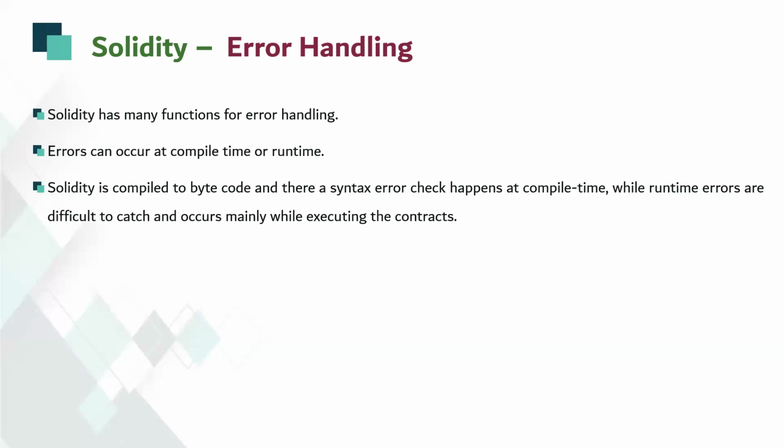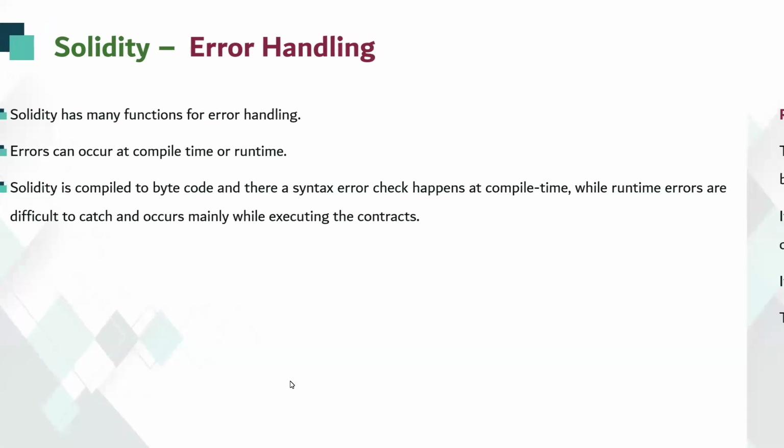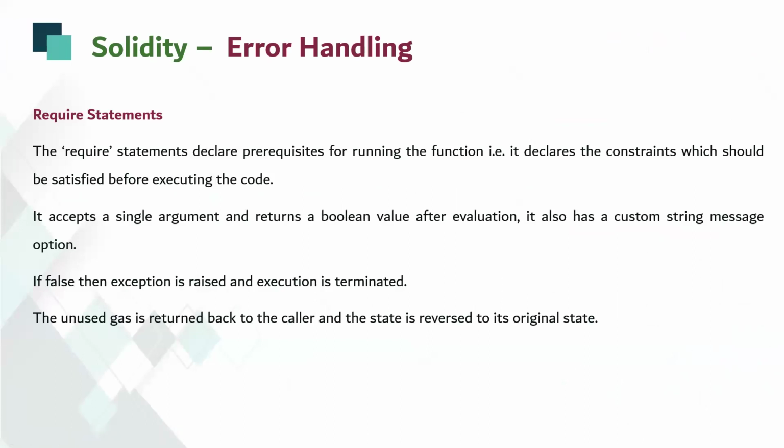So, to handle errors, one has to implement multiple if-else statements for checking the values and throwing errors, which consume more gas. After version 4.10, new error handling constructs, assert, require, and revert statements, were introduced and the throw was made obsolete. Let's dive deeper into the error handling mechanisms in Solidity.